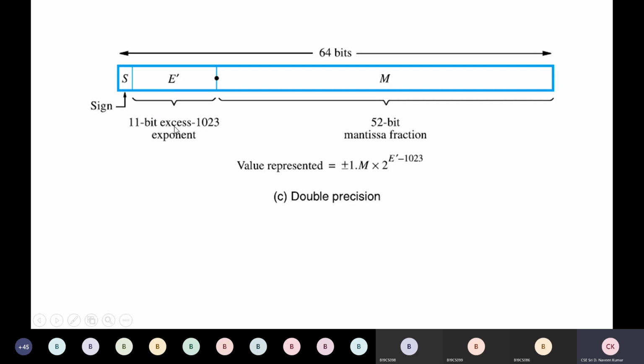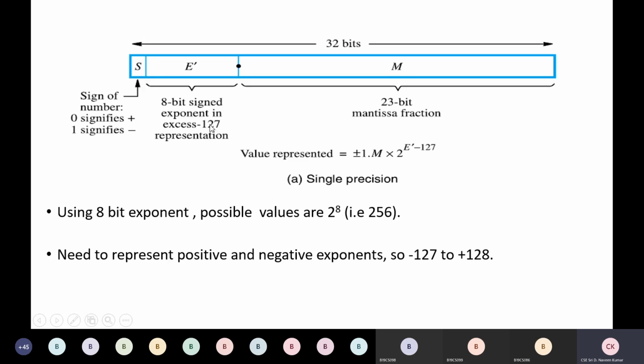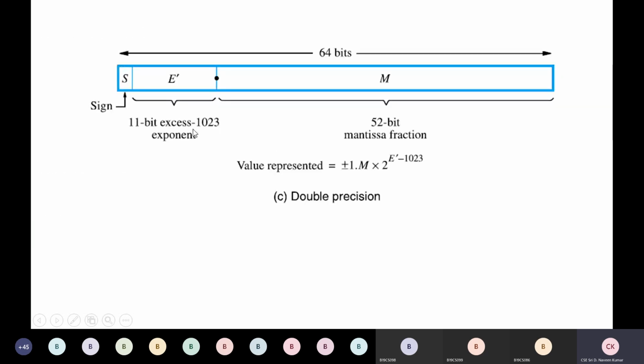Here we use XS1023, and it is 11 bits in length. Previously, in single precision 32-bit, it is 8 bits and we used XS127 representation, but here it is XS1023 representation.